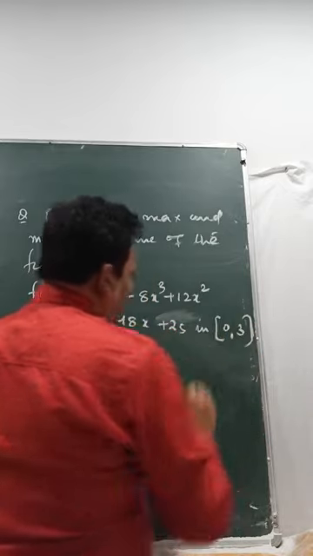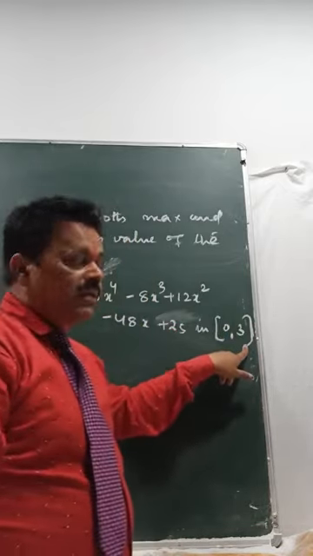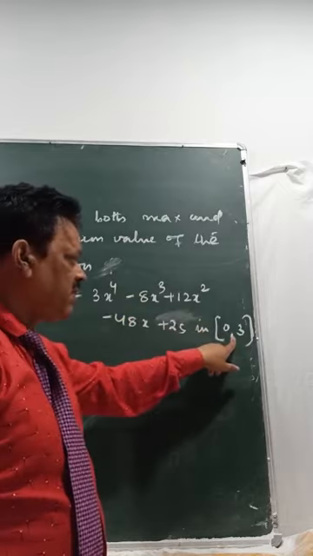That means when your closed interval is given, you have to think about your absolute maximum value, absolute minimum value.